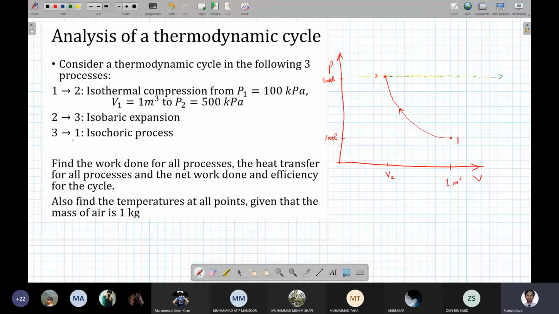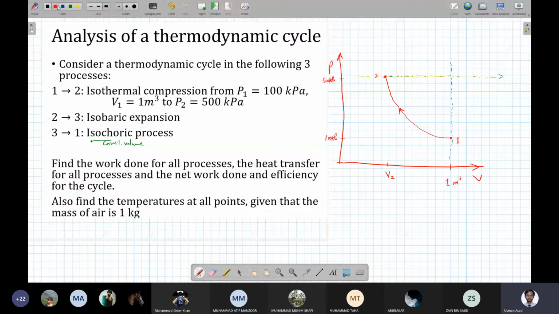और उसके बाद वाला जो process है 3 से 1, that is an isochoric process. So isochoric, you might remember, was constant volume, and it ends at 1. So since this process ends at 1, safe enough to say कि constant volume process है, 1 पे end हो रहा है, तो it has to be somewhere along this line. प्रेशर कम हो रहा है, ज़्यादा हो रहा है, हमें पता नहीं है, but still. ठीक है.